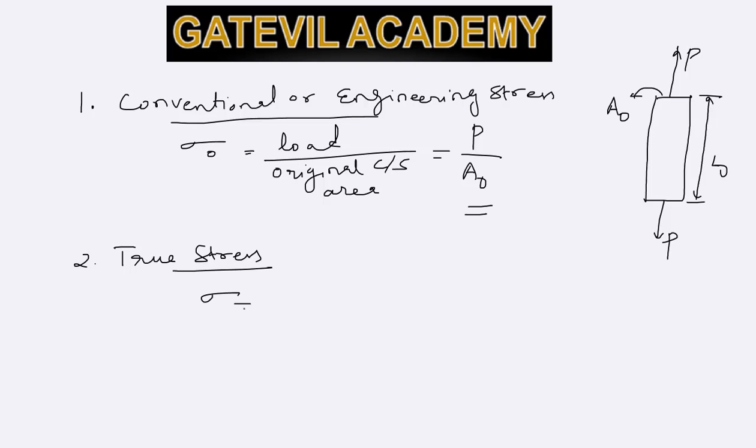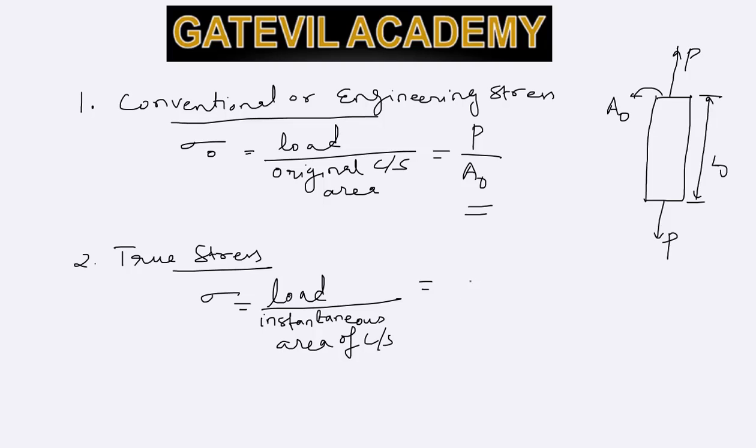It is denoted by sigma, which is equal to load divided by instantaneous area of cross section.